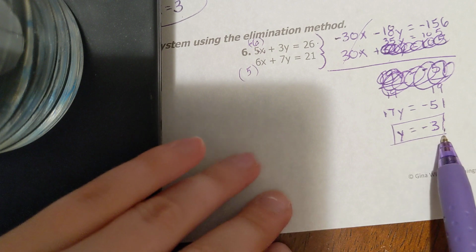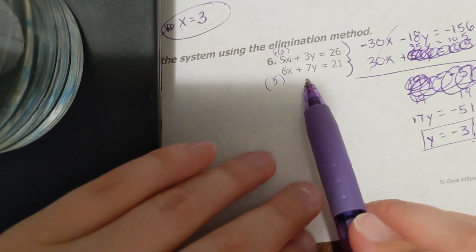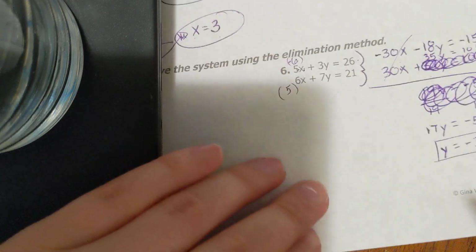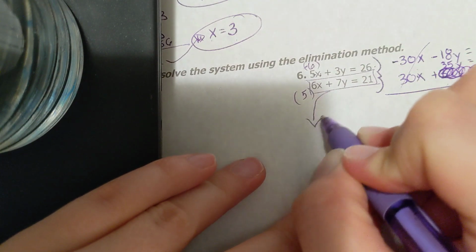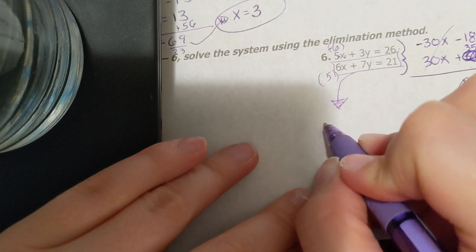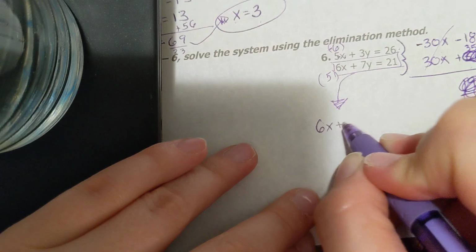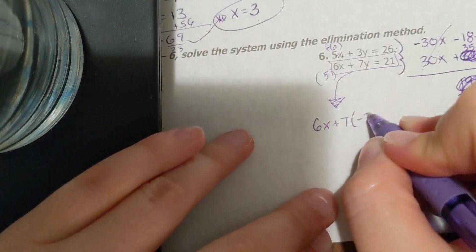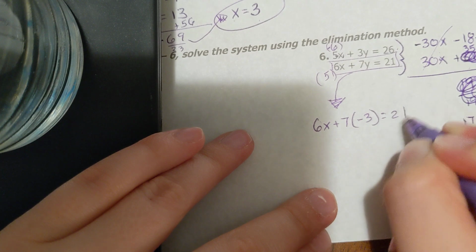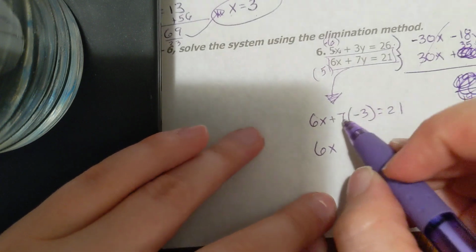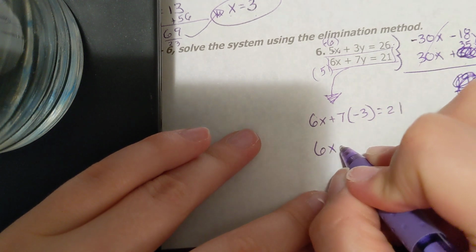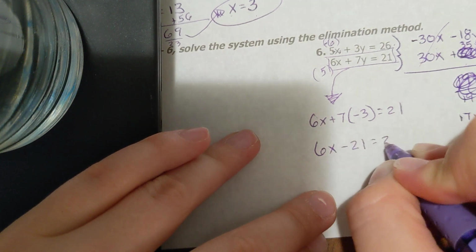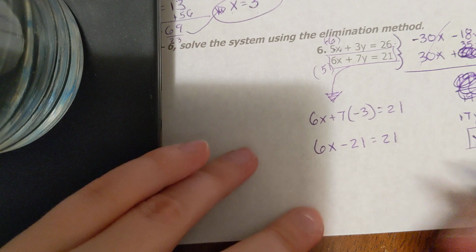Alright, so I got y is -3, so I'm going to go back over here and replace one of my y values with -3. It doesn't matter, it could be this one. So we're going to do 6x plus 7 times -3 equals 21. 6x, and then 7 times -3 is -21, equals 21.